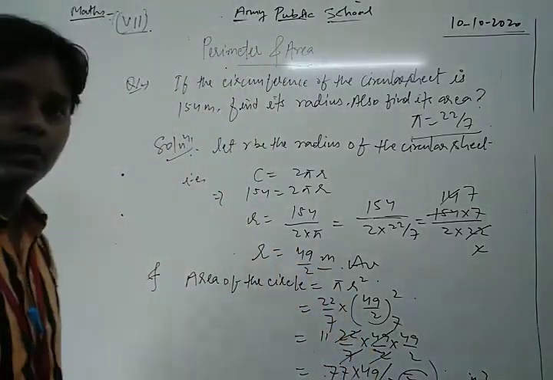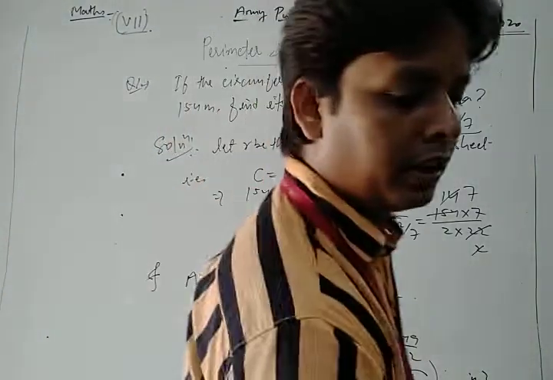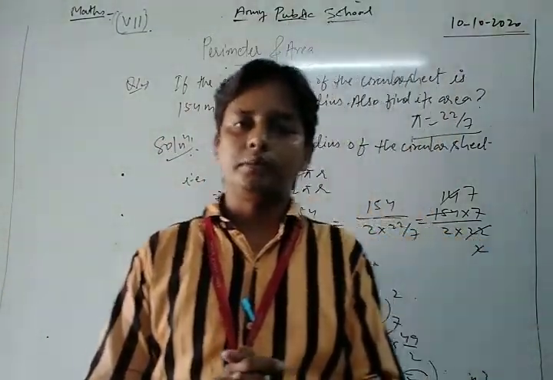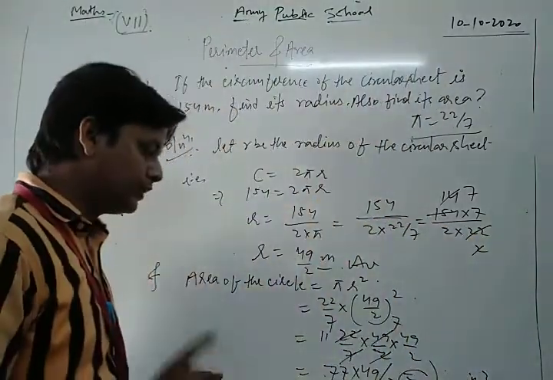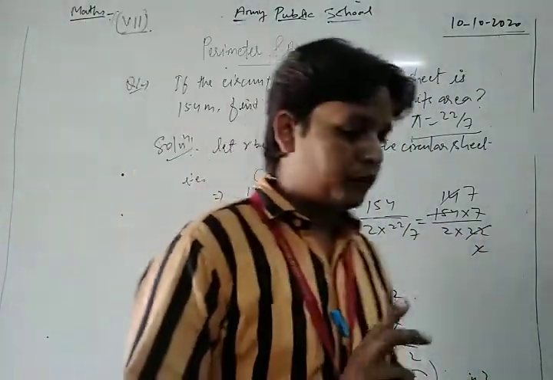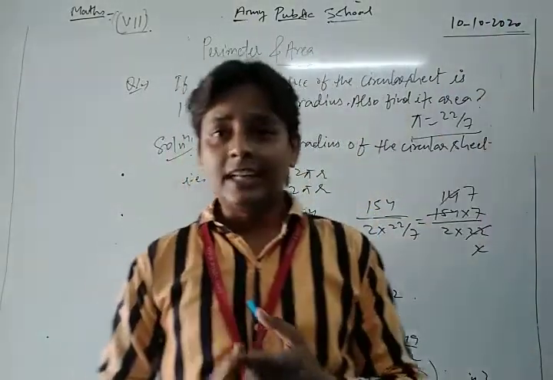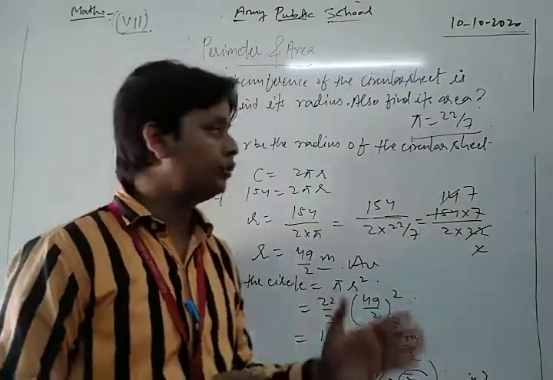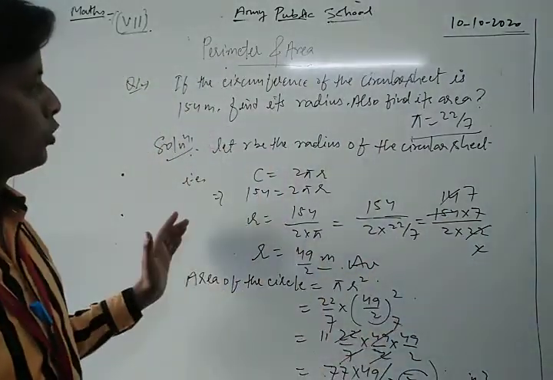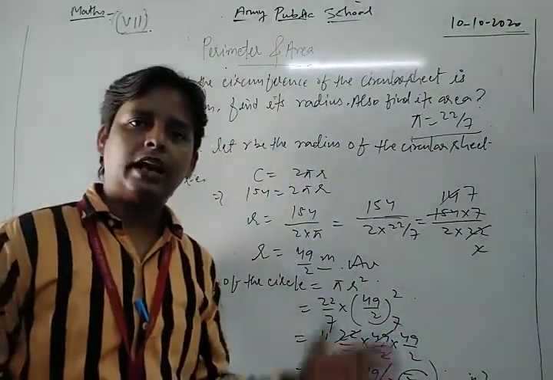Thus, dear students, in this way today we discussed some important topics of your NCERT exercise of that chapter. Today we discussed the square, circle, rectangle, parallelogram and area. Now, dear students, revise all the questions which we discussed in this class and in previous classes.